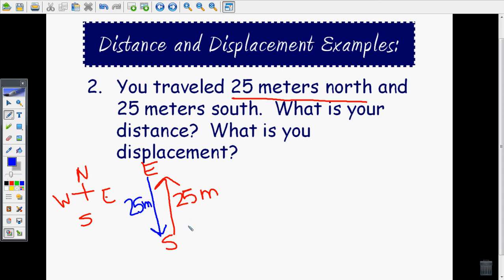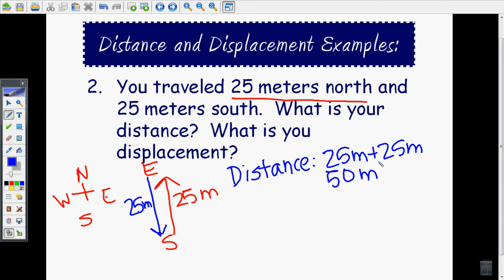Well, distance, again, it's the total. So 25 plus 25, so that's a total of 50. And one thing that we haven't really talked about in here that I probably should emphasize on this is that every one of your numbers should have a number and a label, because this is a measurement, which measurements have numbers and labels, so make sure that you're doing that.